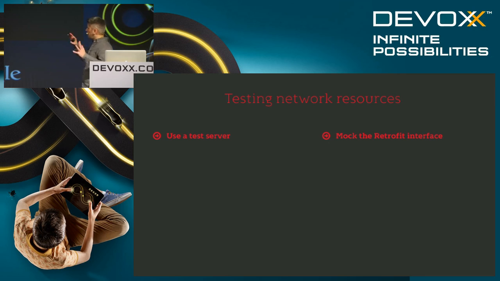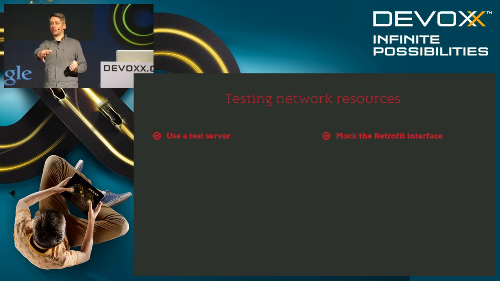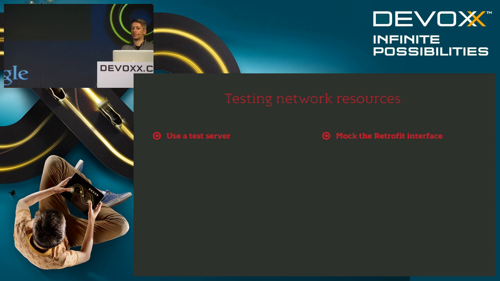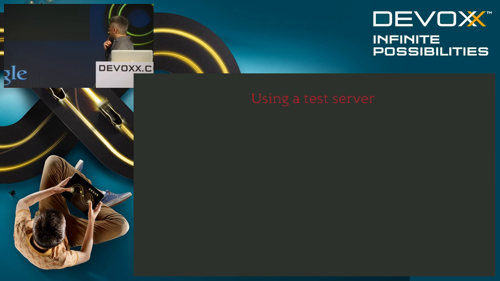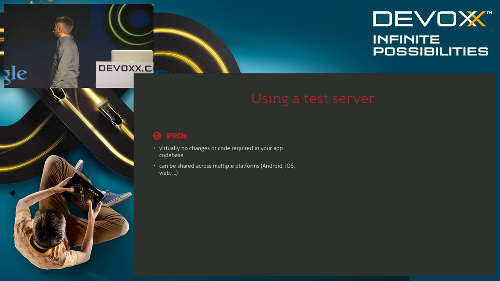You can use a server, but not your real server, so that you are really stressing your whole HTTP stack. And at the same time, with a library called Retrofit, it's very well possible, you can also nicely mock away your Retrofit interfaces so that you can really do an integration test, but you're not hitting real servers. Now, let's take a quick look into the two scenarios.